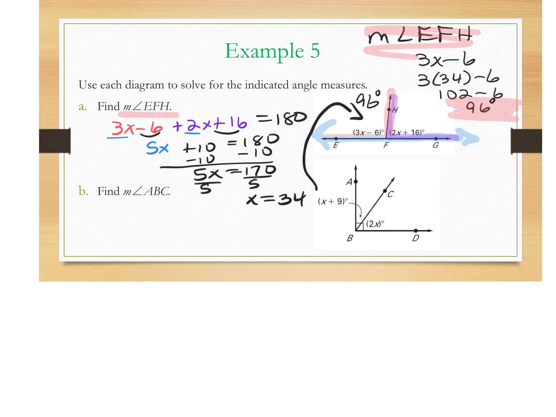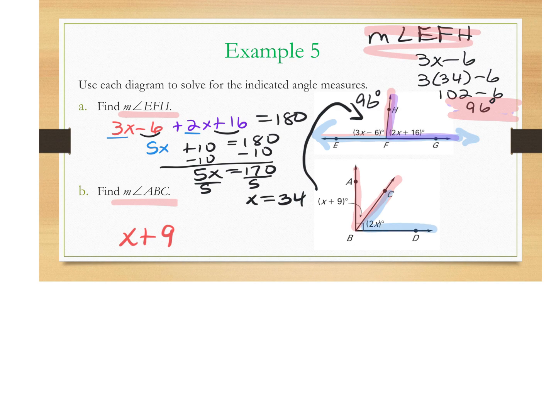The last one, they want me to find the measure of ABC. ABC is right here. Notice the little right angle mark, indicating that these are complements. And when I add the two together, they're going to add up to be 90. So I'm going to be adding x plus 9 plus this angle here, which is 2x.